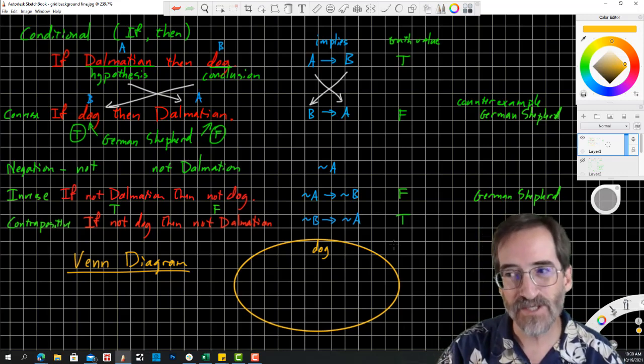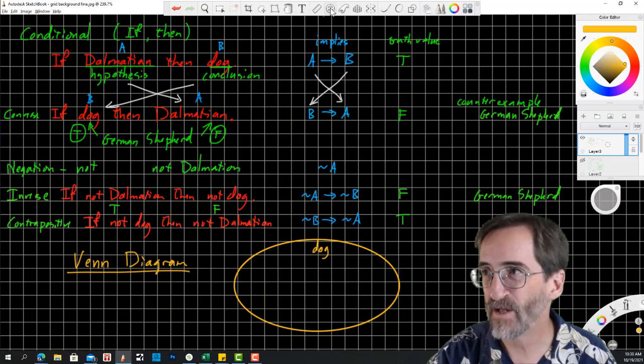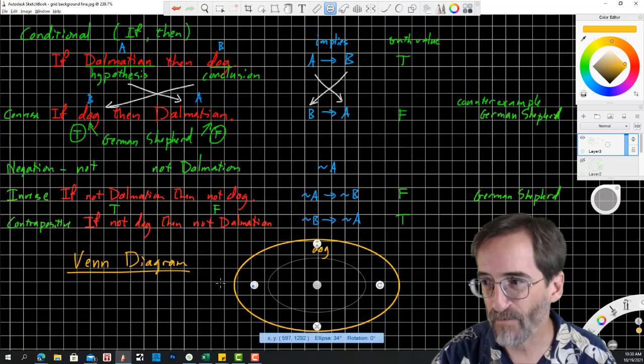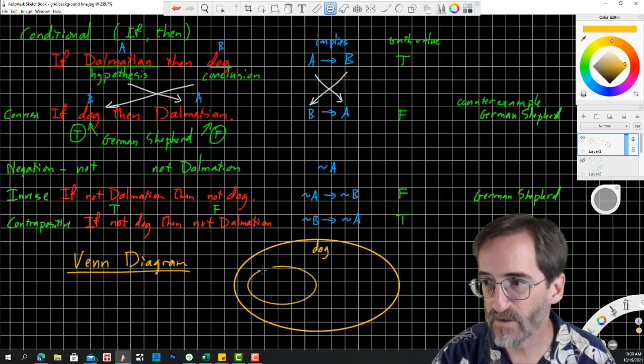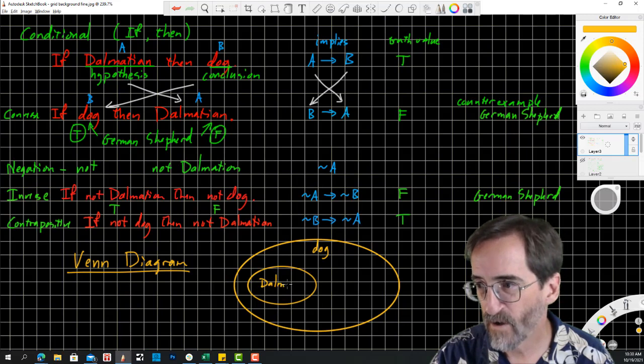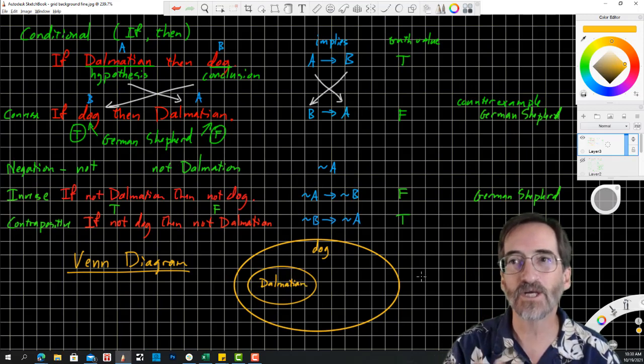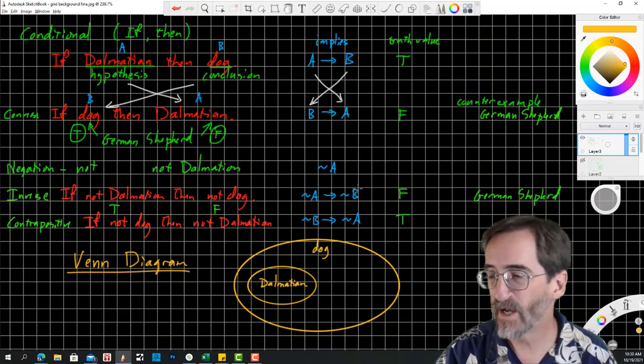As a subset of dogs, as a member of the dog family, so to speak, there is inside the set of dogs the set of Dalmatians. And it's possible to analyze each one of these statements with the Venn diagram.